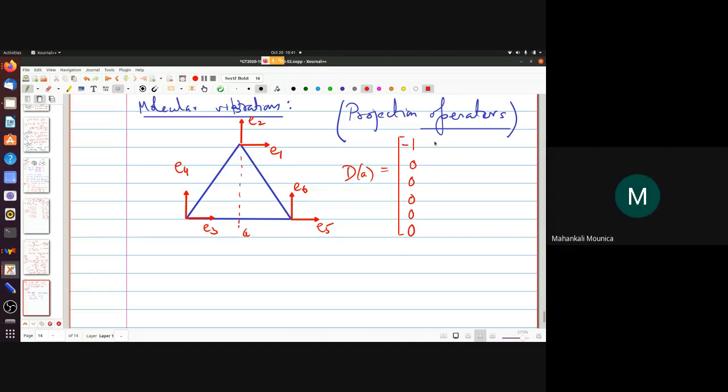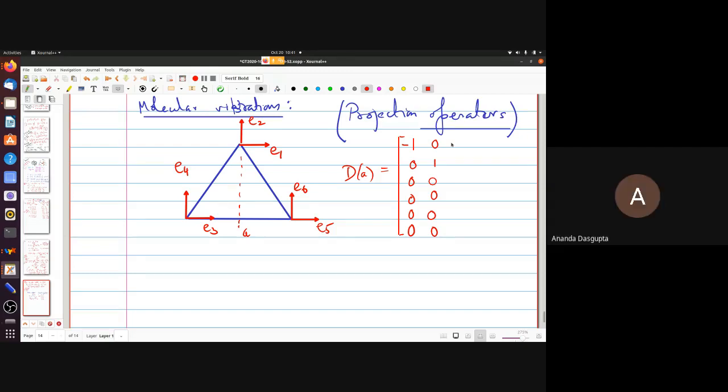What about E2? E2 is not 1, it's 0, 1. What about E3? What happens to E3 when you apply A? All remaining 4 will be zeros. You mean all 4 will be zeros, the entire column will be 0? Yes, sir.